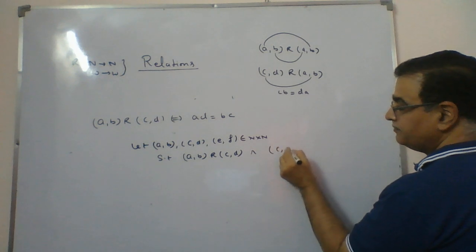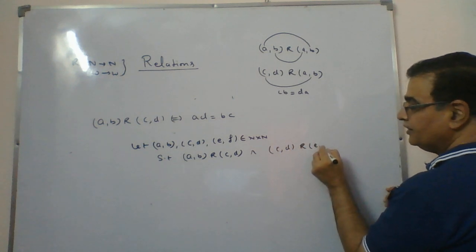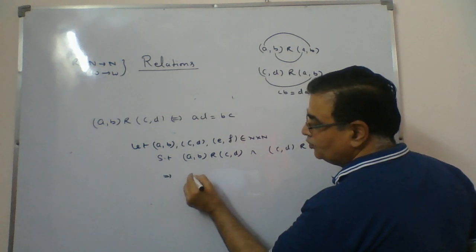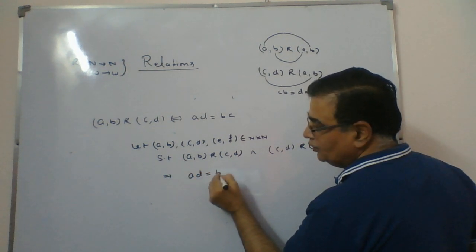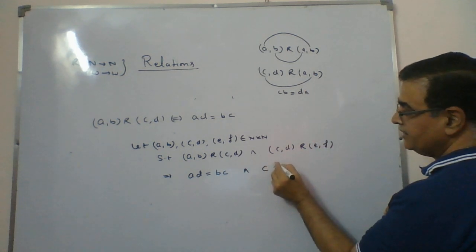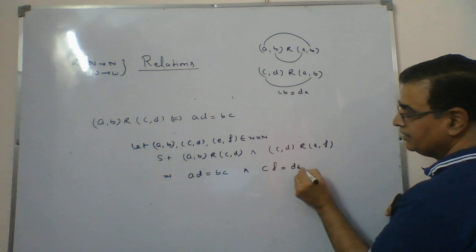At the same time, (c,d) relates with (e,f). Now, when you solve it, it will come out to be ad is equal to bc, first condition. And here it will come cf comes out to be de.